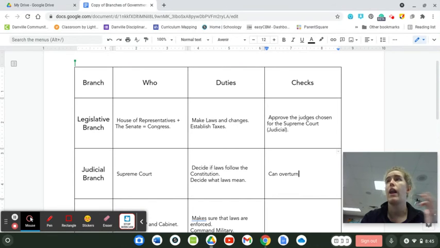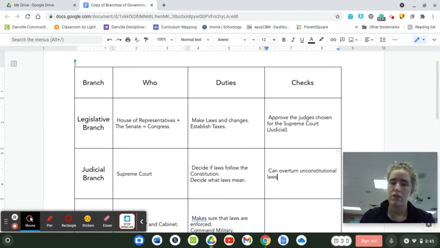They're not happening anymore. They just can't happen. Can overturn unconstitutional laws. That means that the laws don't follow the morals and values that we hold as a country. Okay, so they're actually checking the legislative branch.